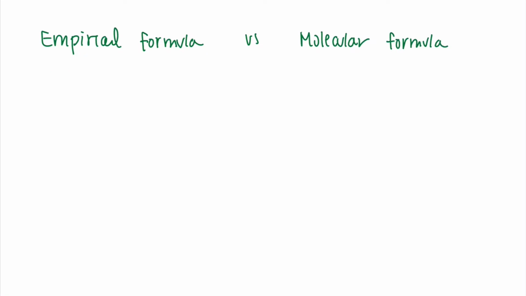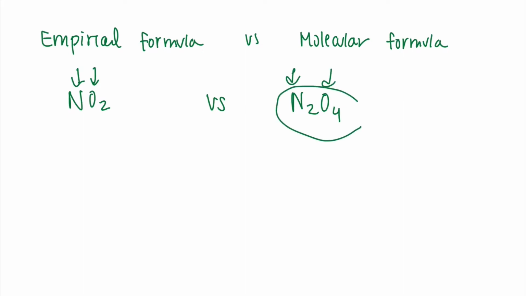Let's say, for instance, we had NO2 versus N2O4. These are different molecules. However, they have the same ratio of one atom to another. In both of these formulas, it's a 1 to 2 ratio. The molecular formula can be simplified down to the empirical formula.